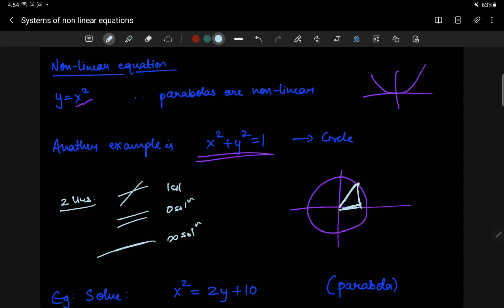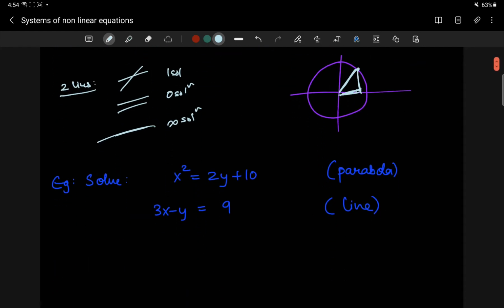So now the question we want to ask is, instead of taking two lines, what happens if we take a line and a parabola, or a parabola and a circle, or a circle and another circle, or a parabola and another parabola? These are all the questions that we are going to be concerned with during this week.